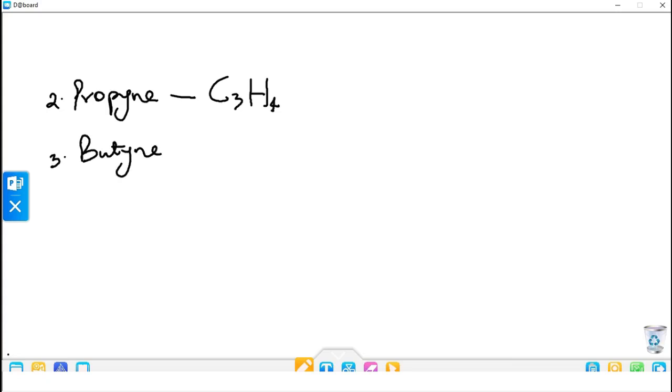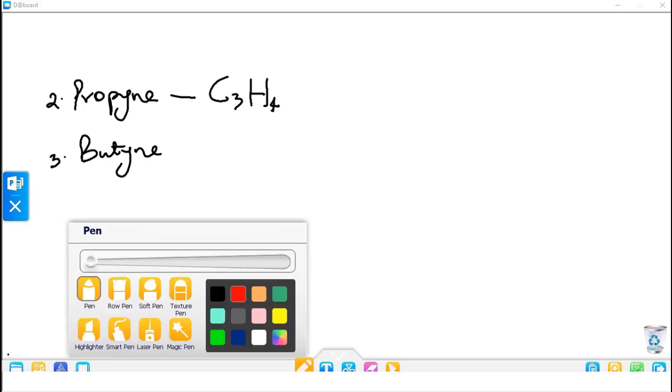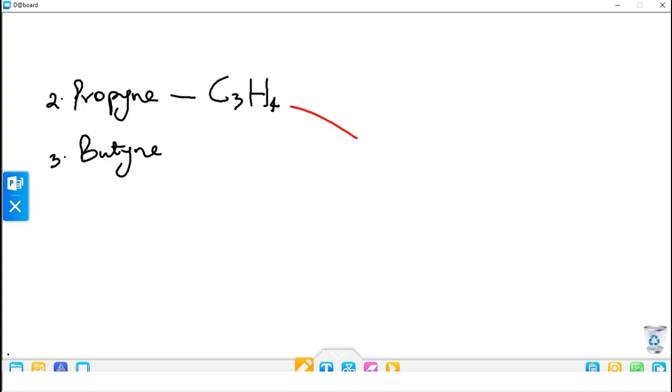I can choose to use the general molecular formula in deriving the formula for butyne, but for simplicity, if I choose to add CH2 to propyne, it's going to give me the formula for butyne, and that is C4H6.